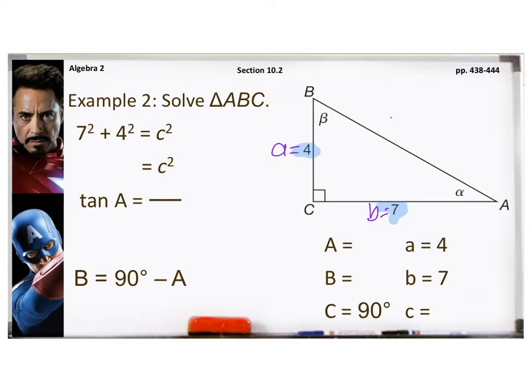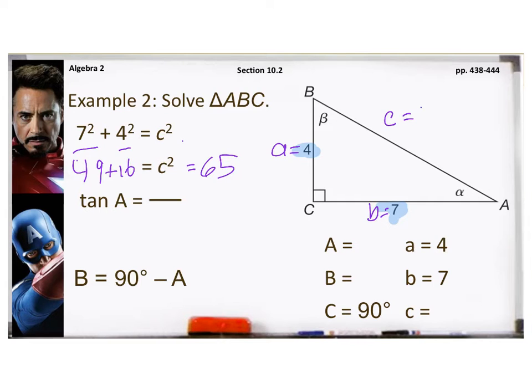All right, C, I find C using the Pythagorean theorem. So I have 7 squared plus 4 squared is C squared. 7 squared is 49. And 4 squared is 16. I have 49 plus 16. This is going to be 65.